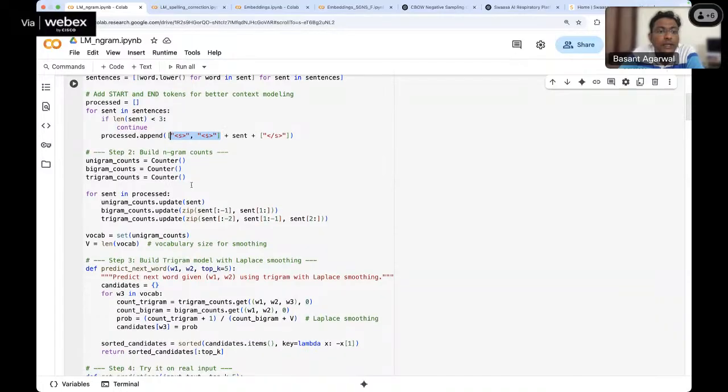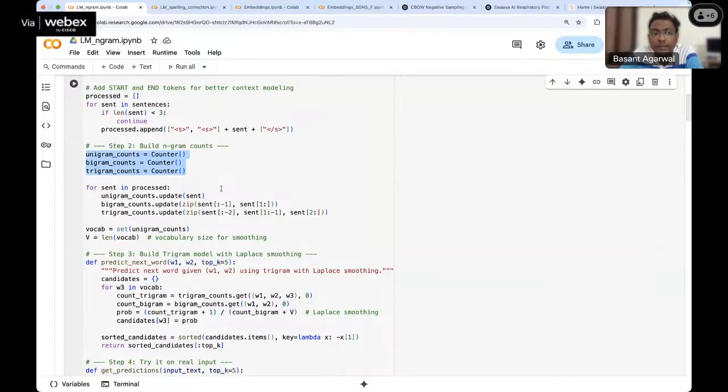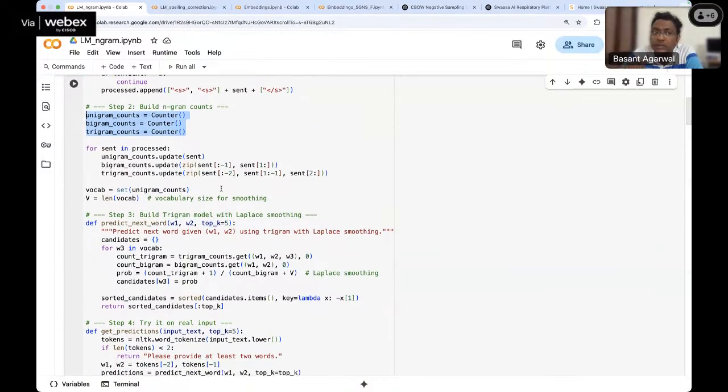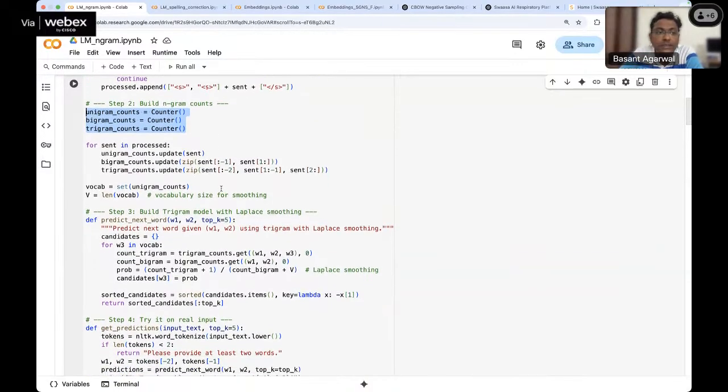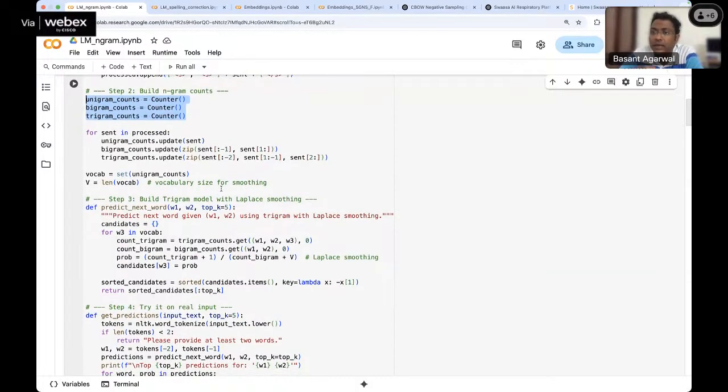And then we count the frequencies of unigrams, bigrams, and trigrams based on the corpus of all the words, and keep them ready. Because if you remember, we have to predict the next word based on the counts, on how many times a particular unigram, bigram, or trigram appears, and based on that we estimate the likelihood of the word which will come next.